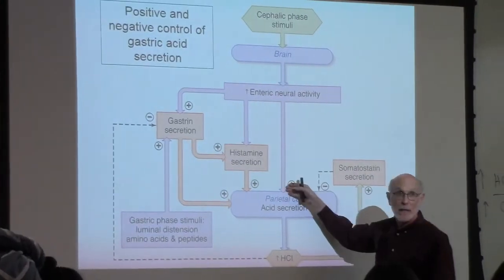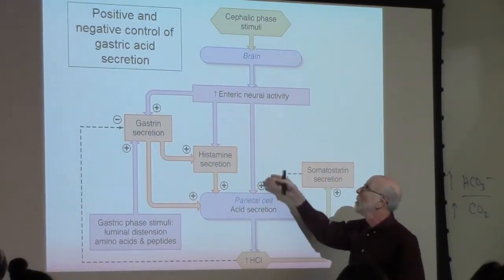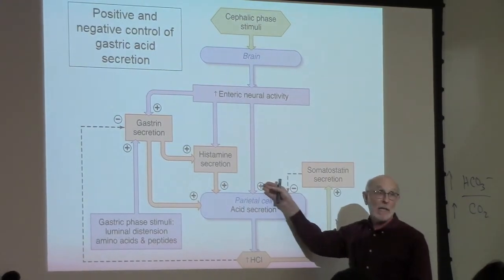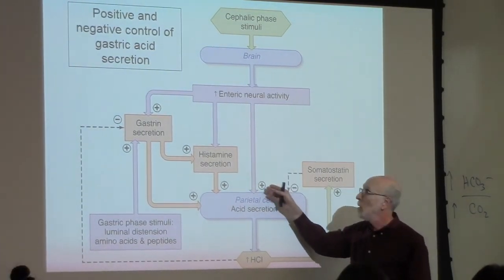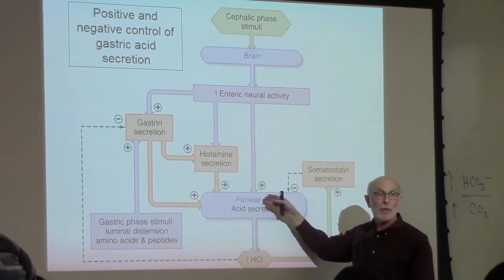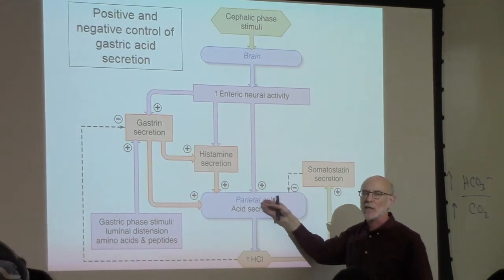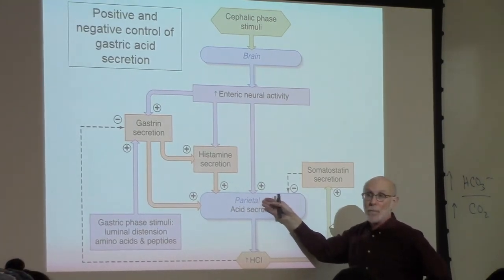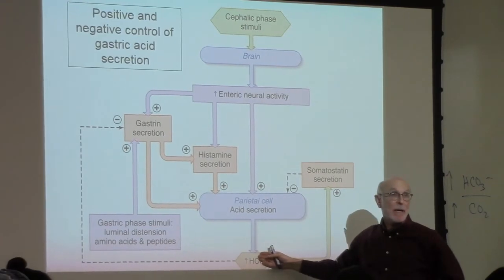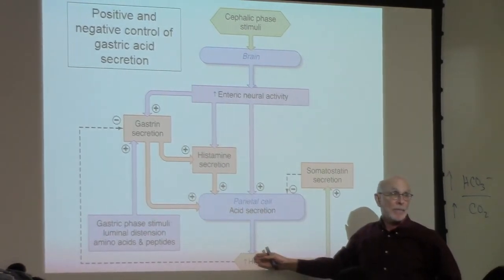Neural activity in the cephalic phase, thinking about food. Acetylcholine is the neurotransmitter. Receptors on the parietal cell are going to stimulate the exocytosis of vesicles containing those pumps to pump acid into the stomach. So there's the cephalic phase flow chart.